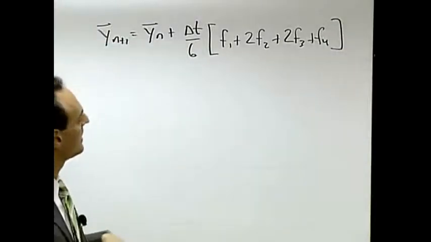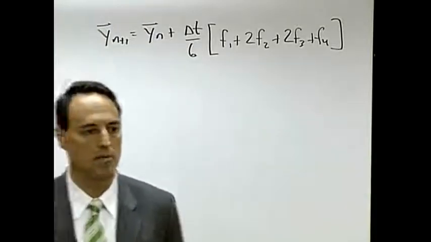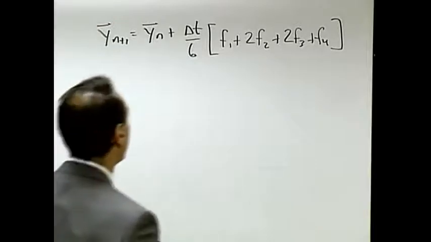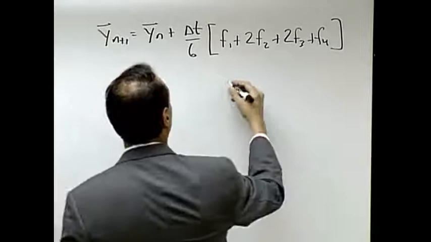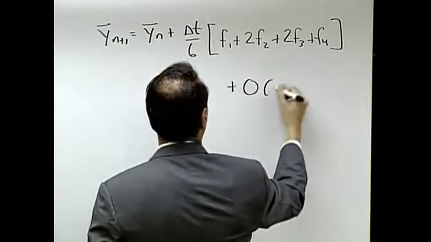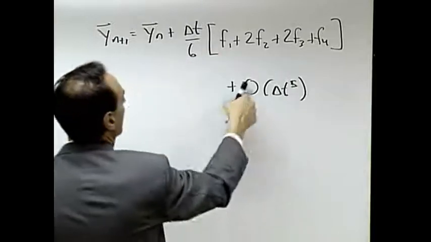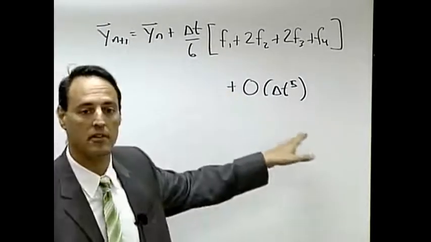And what it does, it evaluates 4 functions. Let me just tell you what it is, because I want to move on. It's all in the notes, by the way. The fourth order Runge Kutta, what people really like about this is if you do this, the error, and we'll talk more about that error later, is when you truncate, you evaluate that, and what you find is this, plus the remainder term is order delta t to the 5th.